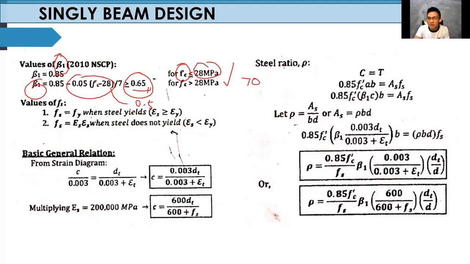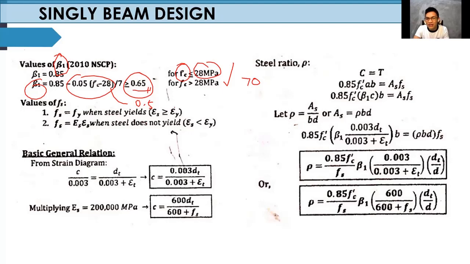So, Fs is equivalent to Fy, di ba? When the steel yields. Meaning ng the steel yields, meaning nauunang nag-give up. Oh, ang sakit. Nauunang nag-give up si steel before kay concrete. Di ba? Take note, class, na ganyan. So, just remember that one. Okay, so Fs prime when steel yields.